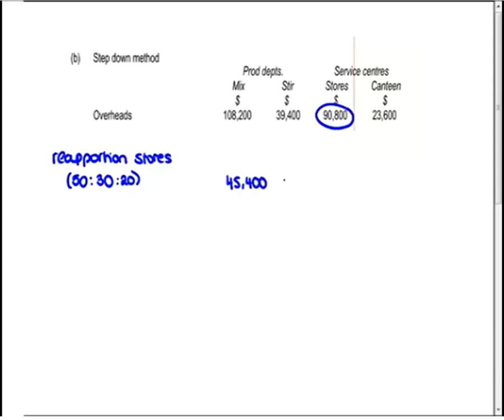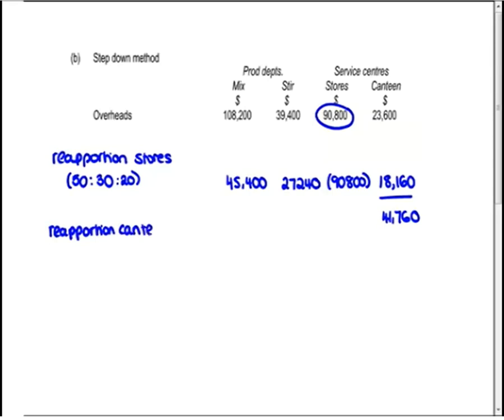So what we've got now then is 45,400 in mixing, 27,240 in stirring, and we're actually going to increase the overhead in the canteen by 18,160. So we've now got 41,760 in the canteen. And we're going to reapportion the canteen overheads of 41,760 between the production departments.